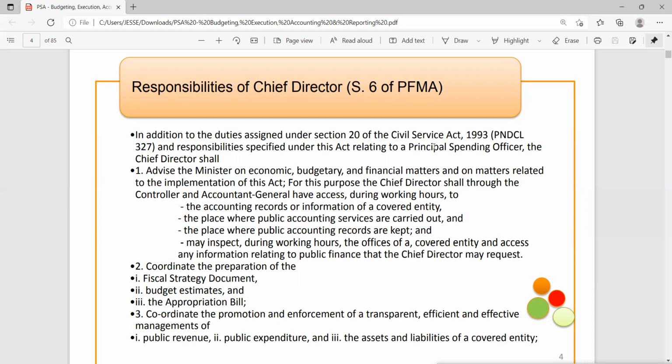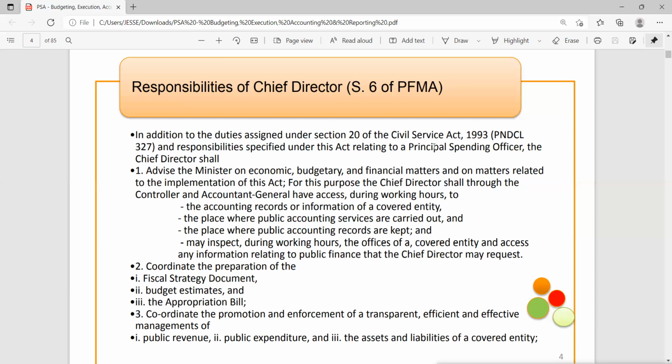It's very, very crucial. Number 2, the chief director is also responsible for coordinating the preparation of the fiscal strategy document. We already talked about the fiscal strategy document. We said it's a document that essentially covers taxation and expenditure and outlines the fiscal strategy or policy of the minister.